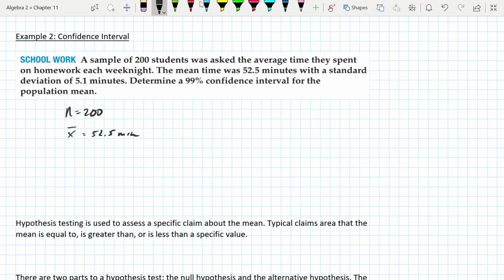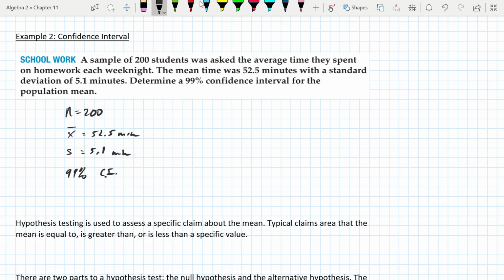With a standard deviation, we use lowercase s for that since it's from a sample, of 5.1 minutes. Determine a 99% confidence interval for the population mean.